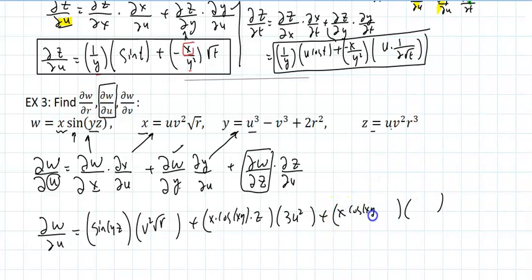Cosine of XY with respect to XZ, with respect to Z times X. Okay, I'm really messing this up. Here we go. Times the partial of Z with respect to U, that is V squared R cubed.